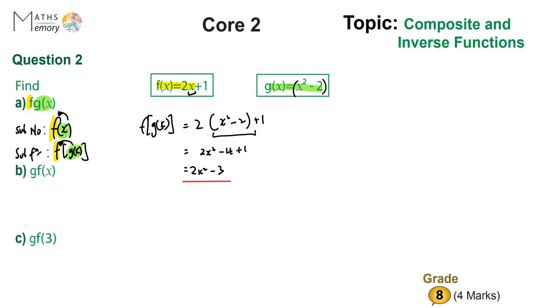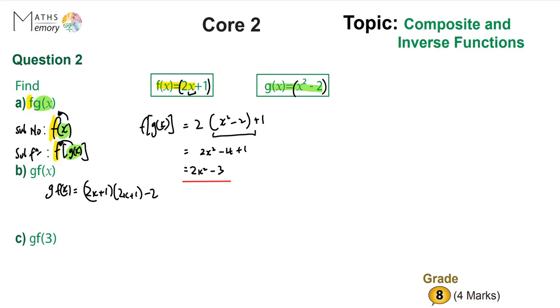Let's do the next question. Now g of f. It's the same principle, so we won't explain it as we did before, but basically we're subbing in f of x into g. So we've got g of f of x. Wherever we see x, we're going to be subbing in the whole thing, f of x. So it'll be (2x plus 1) squared minus 2, which is (2x plus 1)(2x plus 1) minus 2.